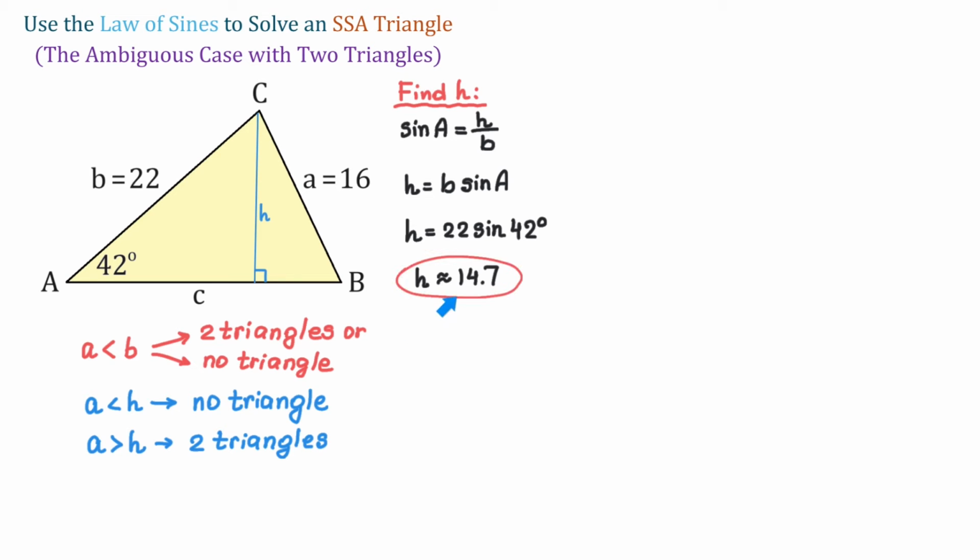So we just found H, and now we see that A is greater than H, and this means that the given information will result in two triangles.